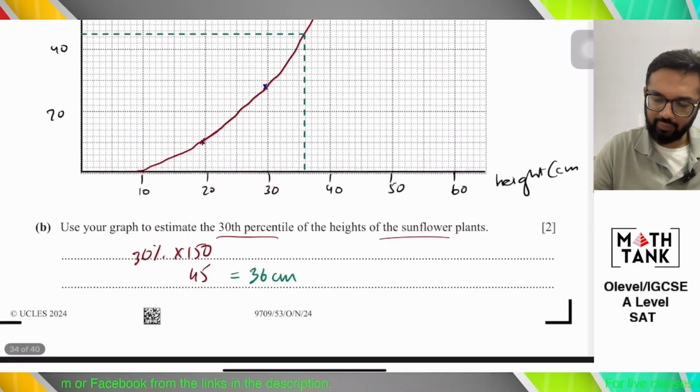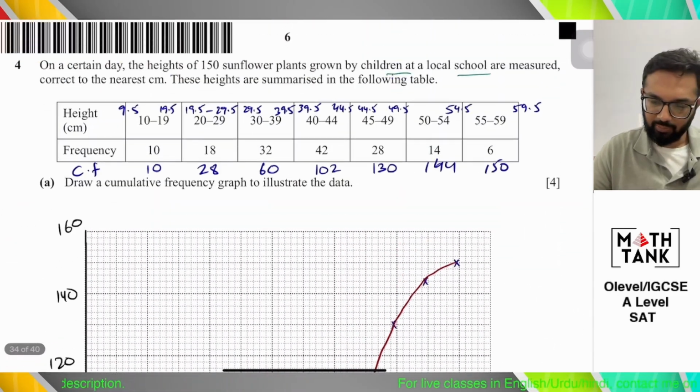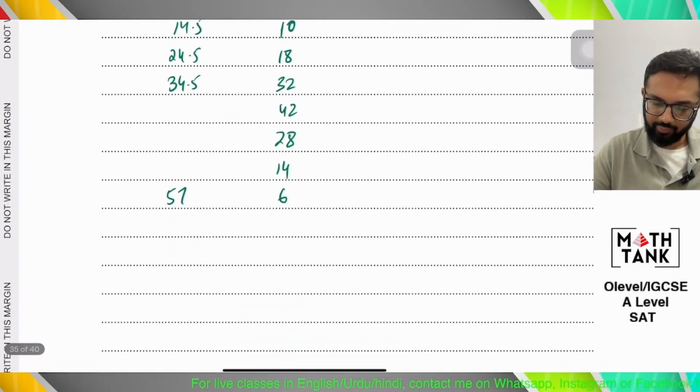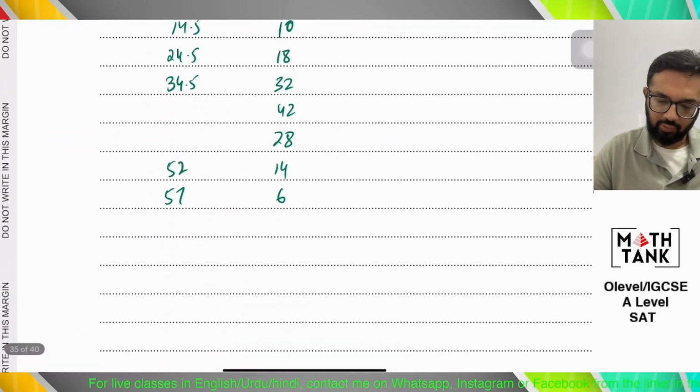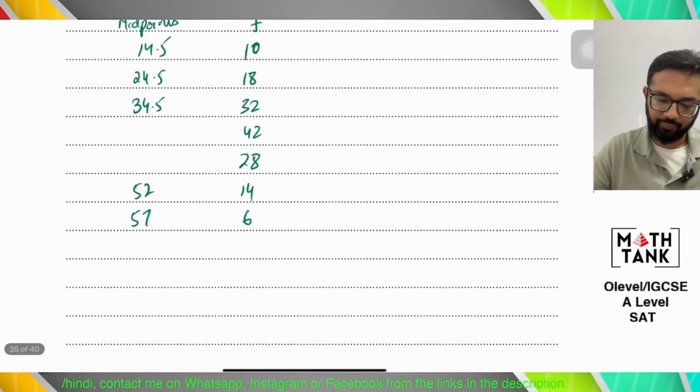It's 57. The one before that should be 52, and the one before that should be 47 and 42.